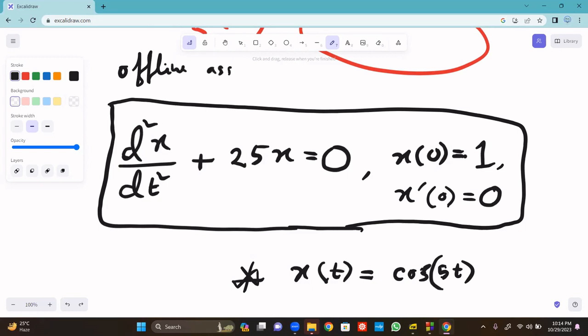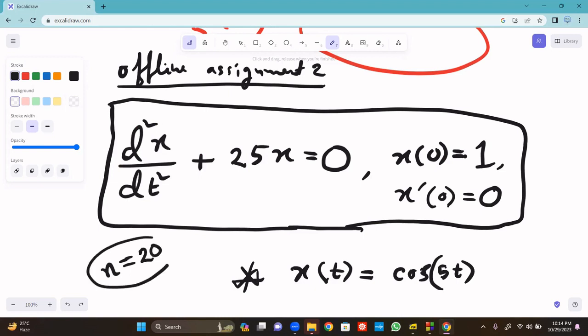I have a question. Sure. Which h and N should we use, or can we choose anyone we want? Like the number of iterations we need to go. Okay, which N? Let's choose N equals 20. And also I have to give another point up to which you need to find the solutions.